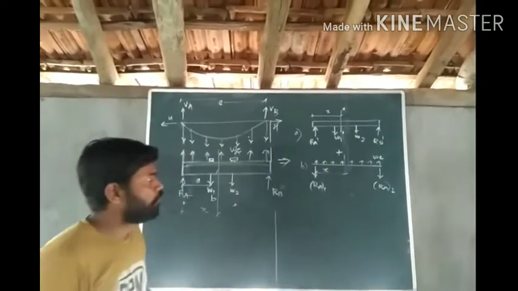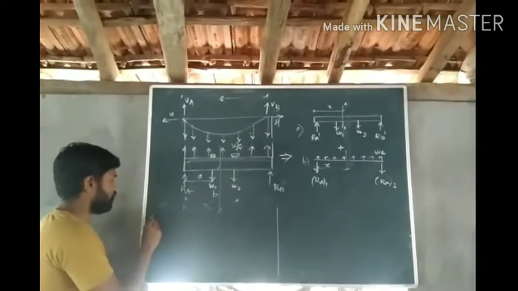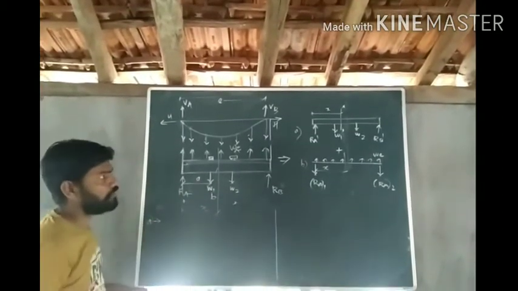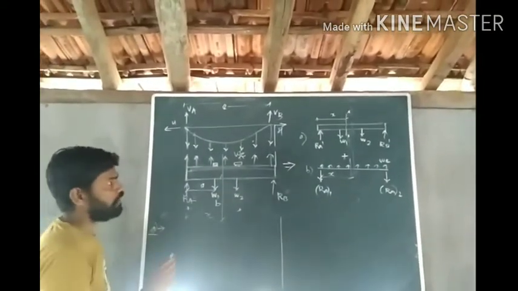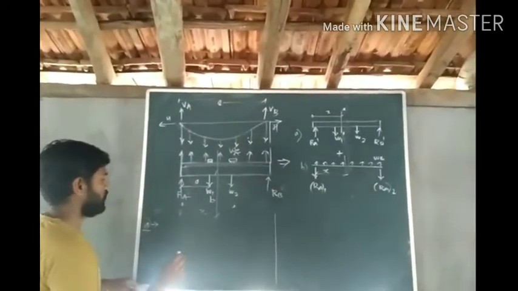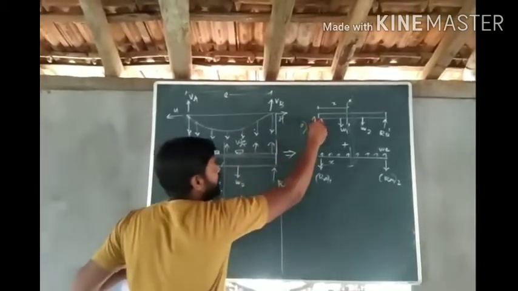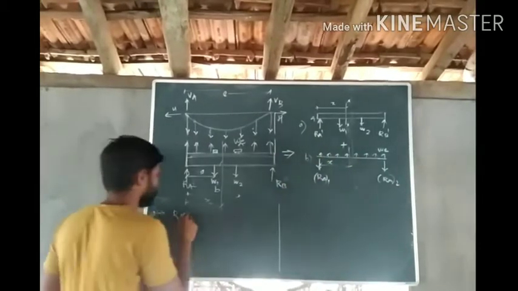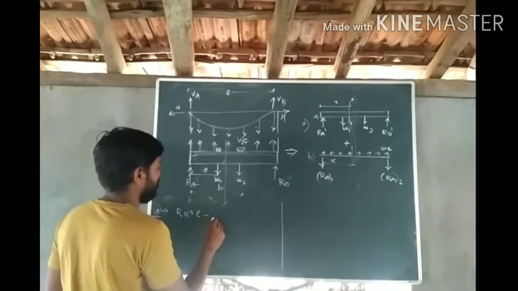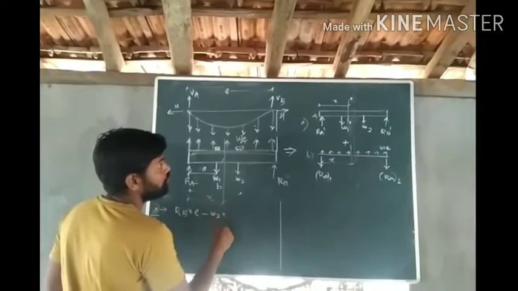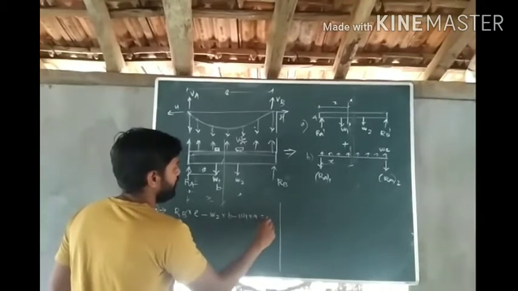Now for the first case, how will you calculate the reaction? We will consider the first case of the stiffening girder and calculate the reaction first. For that, we will take the moment at A. RB dash multiplied by L, minus W2 multiplied by B, minus W1 multiplied by A, equal to 0.